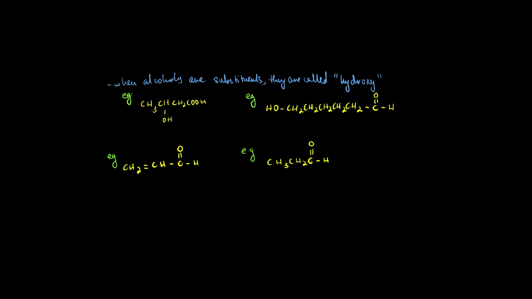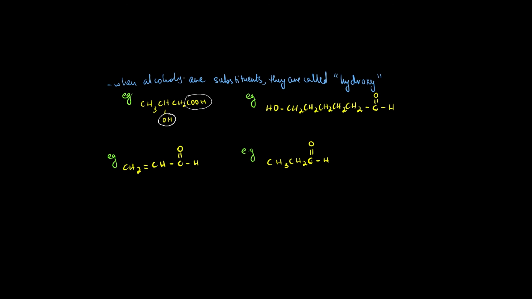So, the first example that I have, you will notice that it has an alcohol functional group, which is the hydroxyl group, and it has a carboxylic acid functional group. Now, how exactly would we name this compound? It has two functional groups in it. Now, we know that carboxylic acids hold precedence over alcohols. So, you need to keep in mind that the alcohols are now treated as a substituent and they will be called hydroxy.